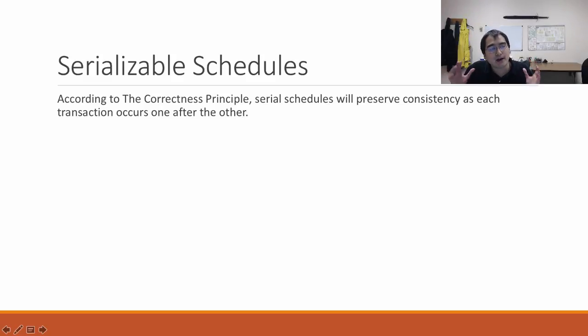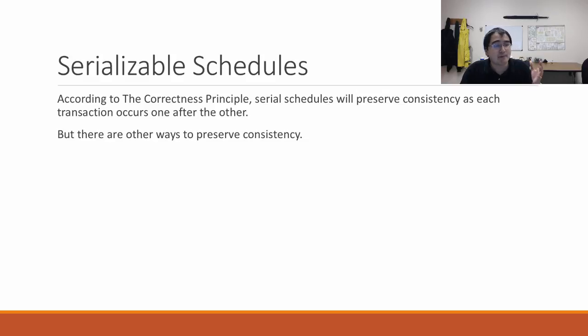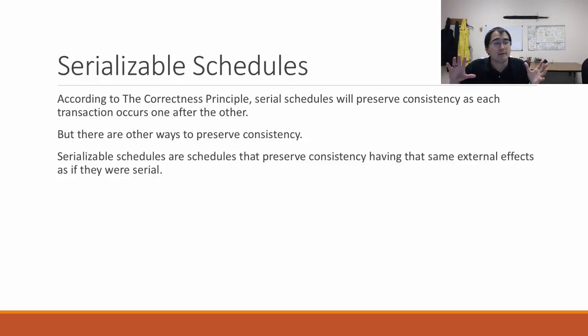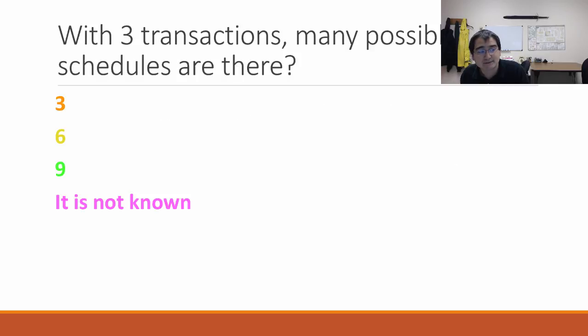So the nice thing about serializable schedules is that they preserve consistency because it looks as though each transaction occurs one after the other. But even if you don't want the very simple serial A and then B, you can make serializable schedules that have the same external effects.